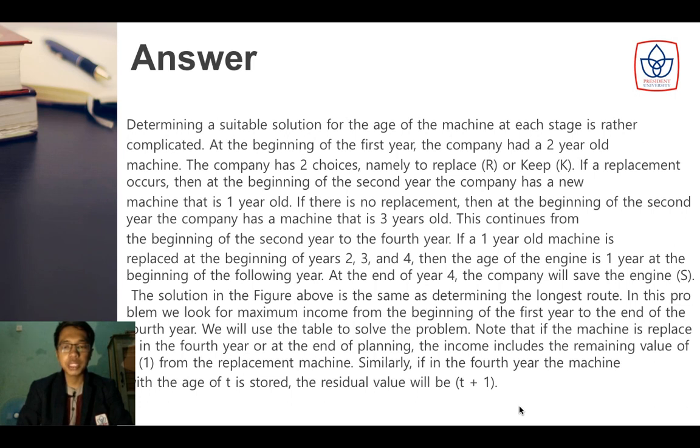Note that if the machine is replaced in the 4th year or the end of planning, the income includes the remaining value of S1 from the replacement machine. Similarly, if in the 4th year the machine with the age of T is stored, the residual value will be T plus 1.